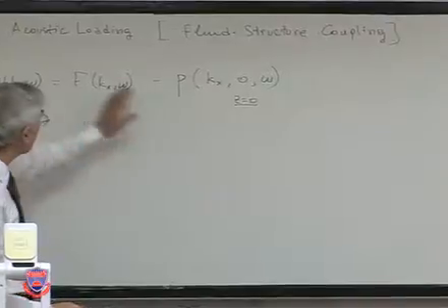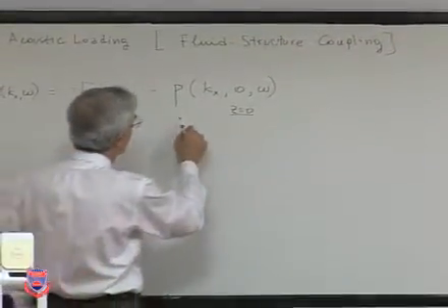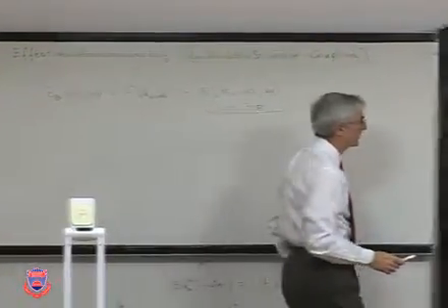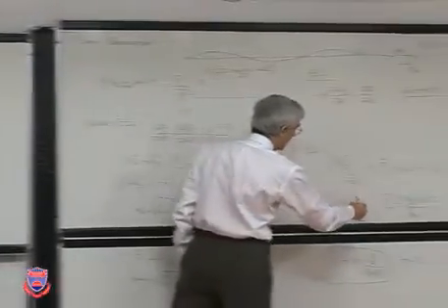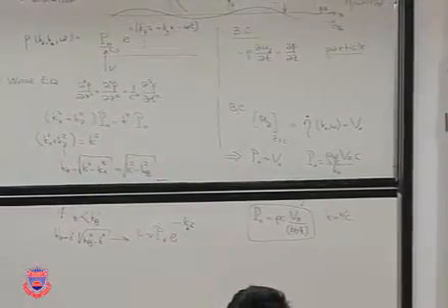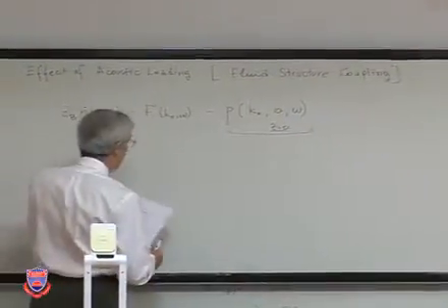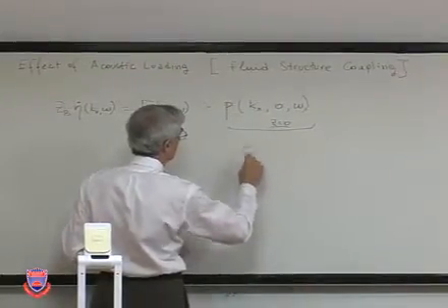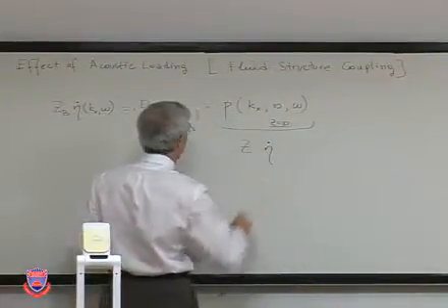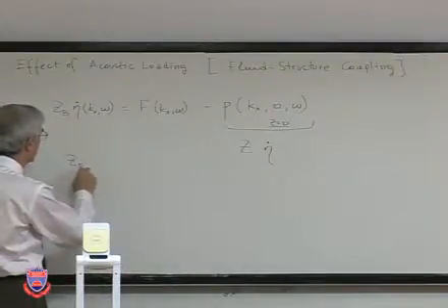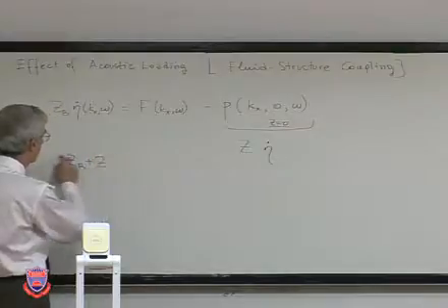Okay? So now we have a pressure expression. And how can we express the pressure expression looking back here? Pressure is related to the velocity. Okay? So if we substitute that by the radiation impedance, okay, and the plate velocity, then we have ZB plus Z radiation.